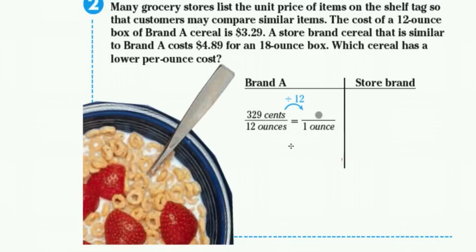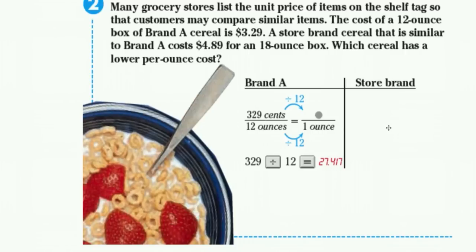So we divide 329 cents by 12. Using a calculator, 329 divided by 12 will give you 27.417. So brand A would cost 27.42 cents per ounce.